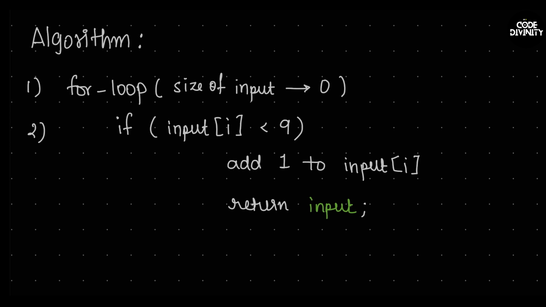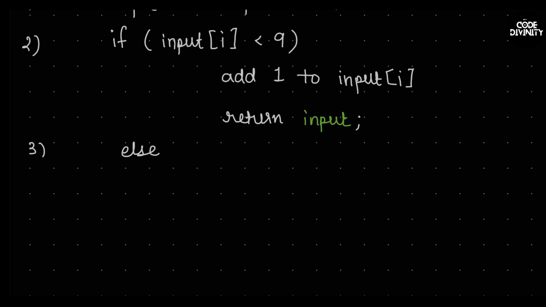This portion of our algorithm covers the non-edge cases, but in case the last element is 9, we will add 1 to it and all the elements in our array will become 0. So we will set the ith element to 0. As soon as the edge case is encountered, the entire code will fall into the else block and the loop will continue to set all the digits to 0.